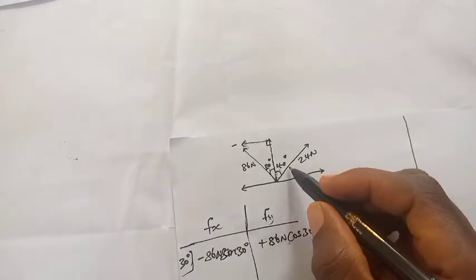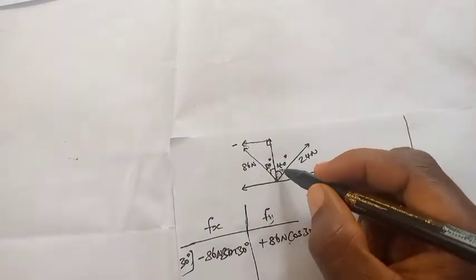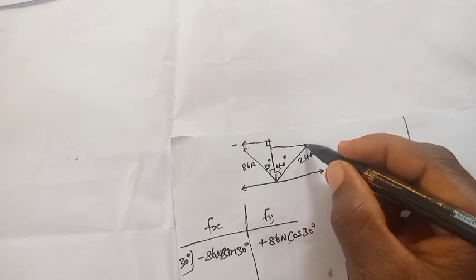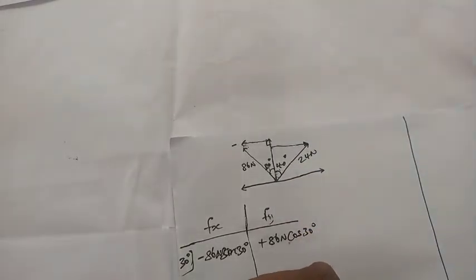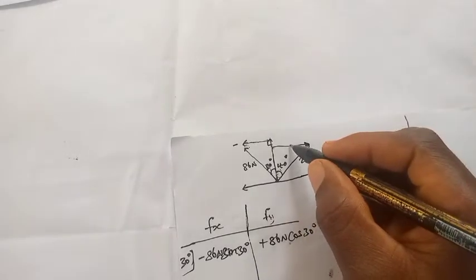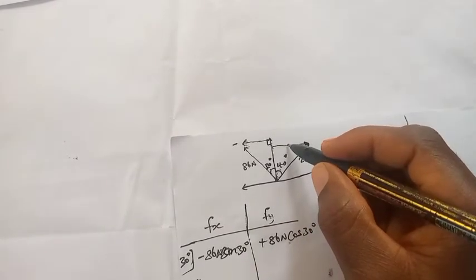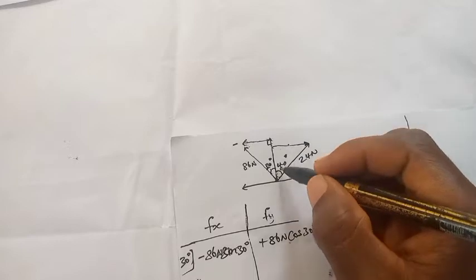So the horizontal component of this force, keep in mind, is going towards this direction, that's to the positive x-axis. So it's going to be positive, and then it will also take sine of the angle because that's the line facing the angle.